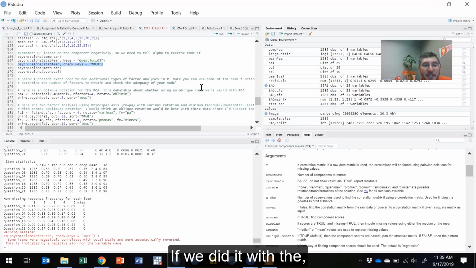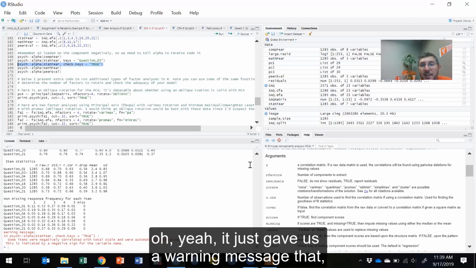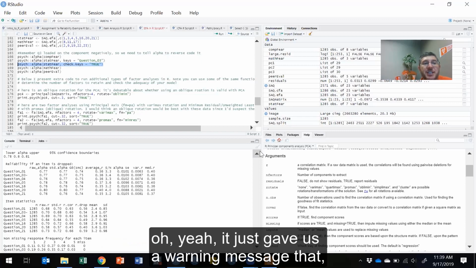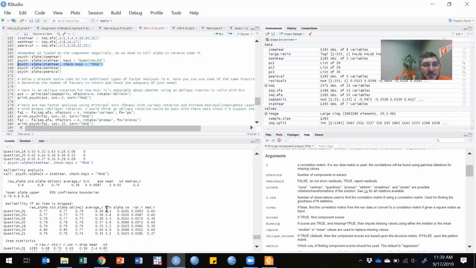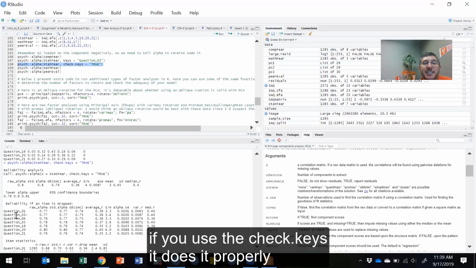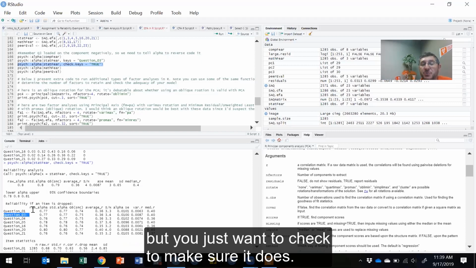If we did it with, it just gave us a warning message that, if you use the check keys, it does it properly, but you just want to check to make sure it does.